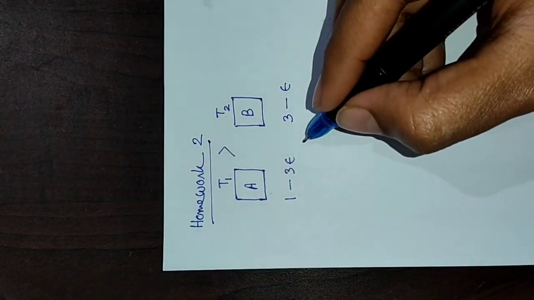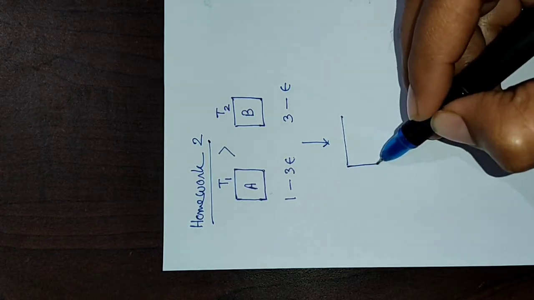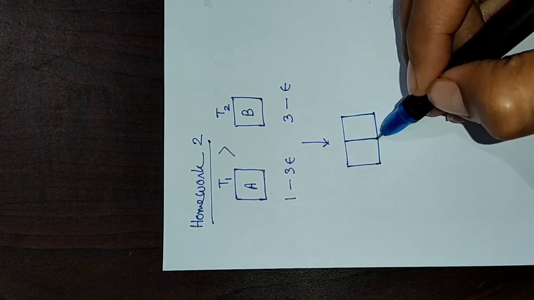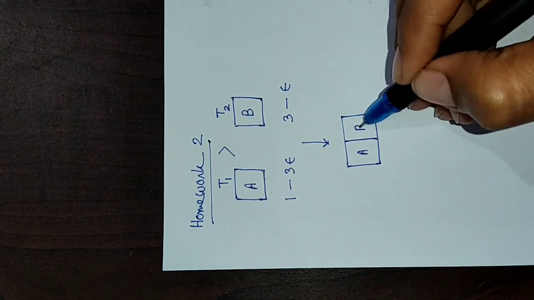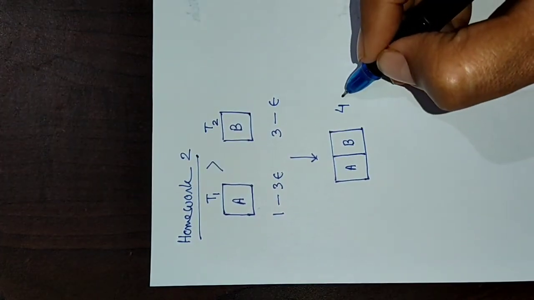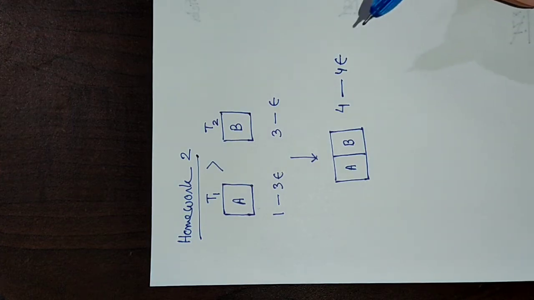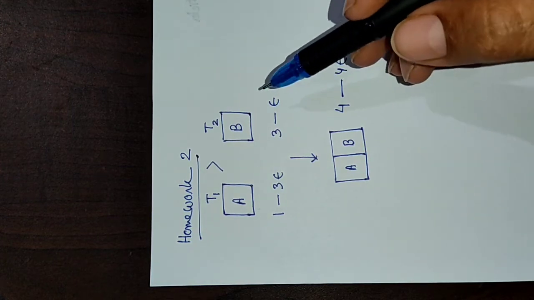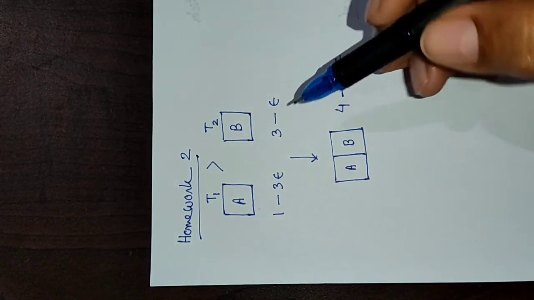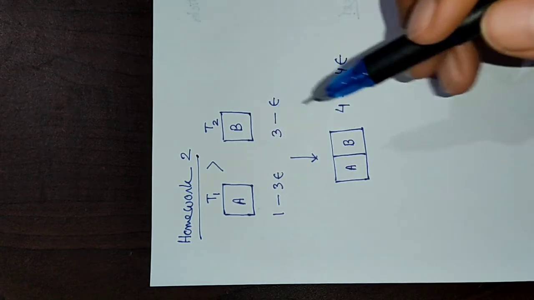Now these two bodies were brought in contact with each other, and the composite system was isolated from the surrounding. Now we have 4 distinguishable particles with 4 epsilon energy in total. Our task that was given in the homework is to find the direction of the flow of heat.